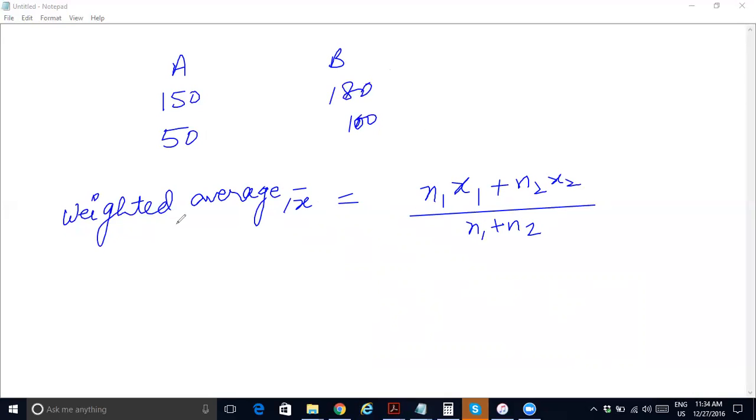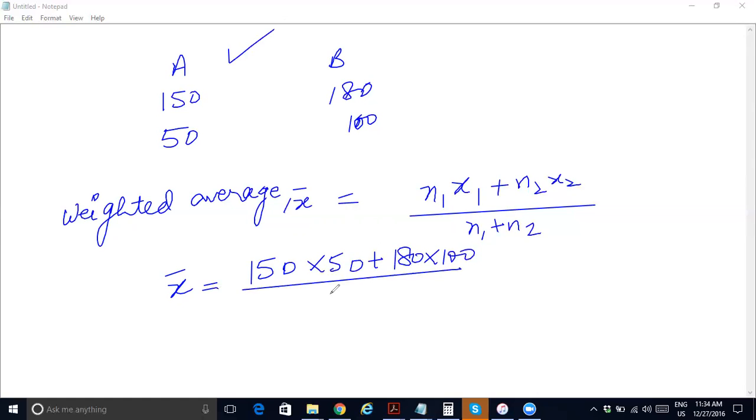Now, let's first do this one. X bar we need to find out. 150 into 50 plus 180 into 100 divided by 150 and we get 170. Right?